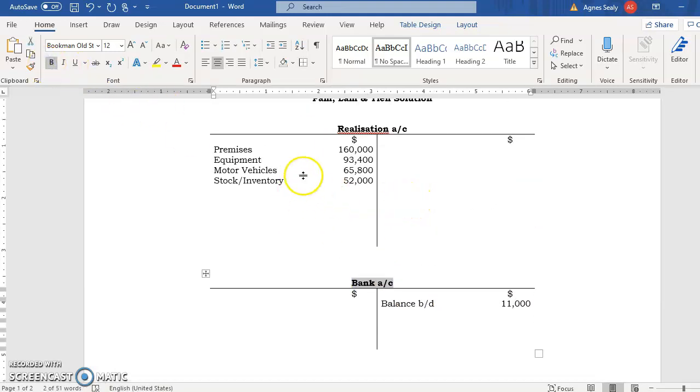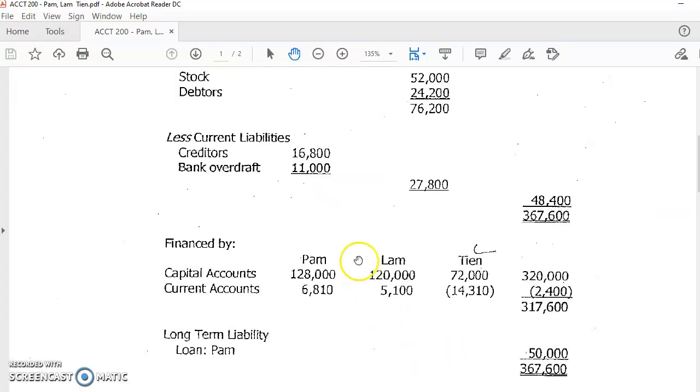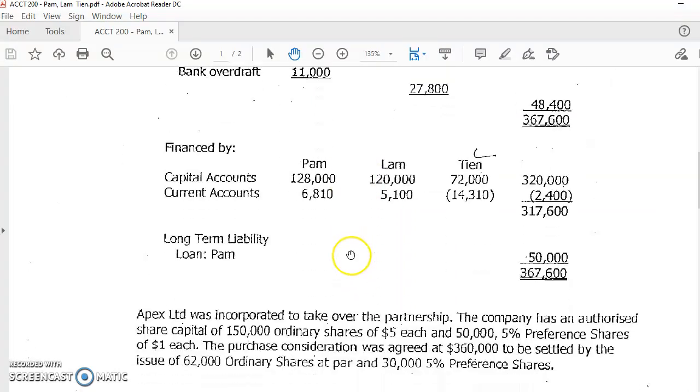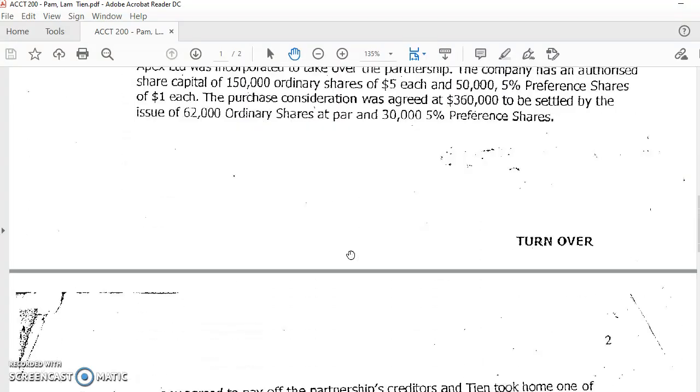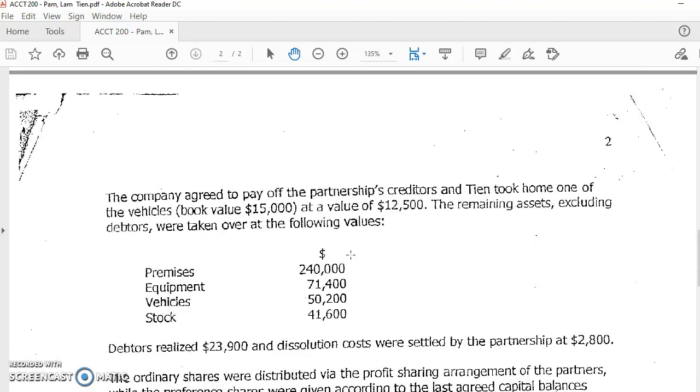And we have so far closed off the premises, equipment, motor vehicles, and inventory accounts from the books of the business. And when we go back to the question, it stated that the company, which is Apex Limited, agreed to pay off the partnership's creditors.